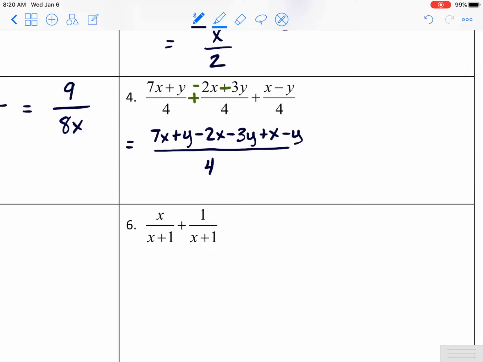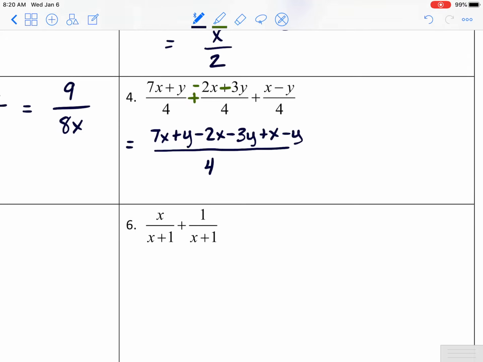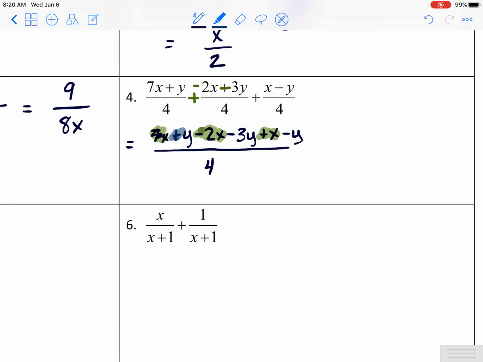Okay, so then you can go ahead and look for your like terms. So I have 7x minus 2x plus x. Then I have y minus 3y minus 1y.